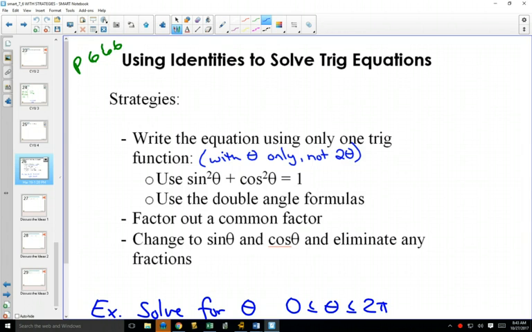And lastly, we use a strategy that we've had in the past. If you get stuck, you can change all things to sine theta and cos theta. Eliminate any fractions because you're solving an equation. So you can multiply both sides by cos or multiply both sides by sine, and then see where you can go from there.